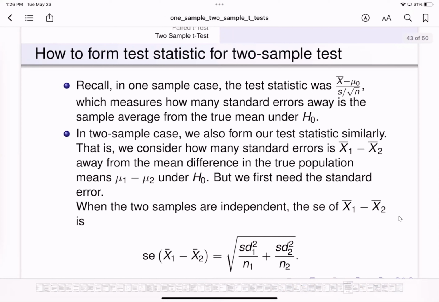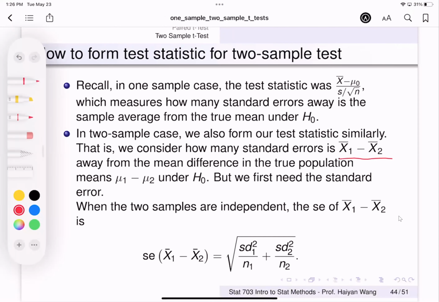So x1 bar minus x2 bar, that's the sample mean difference. This is the maximum likelihood estimate. x1 bar is the MLE for mu1, x2 bar is the MLE for mu2, and the invariance principle from the maximum likelihood estimate tells us that the difference is the MLE for mu1 minus mu2. So that's our starting point.